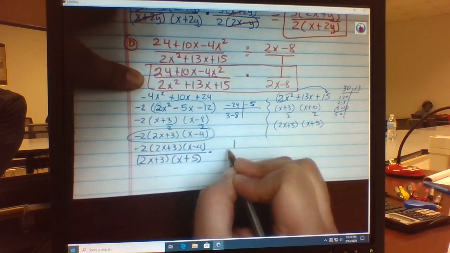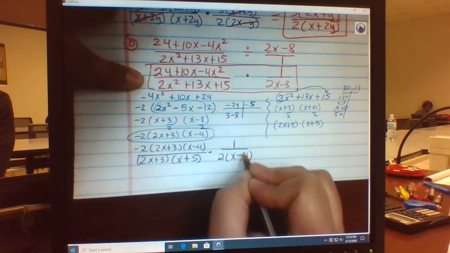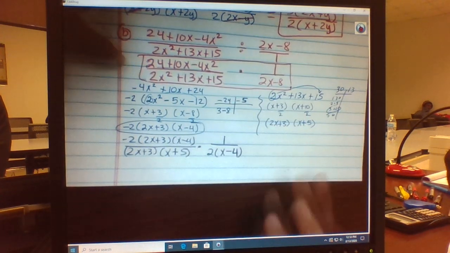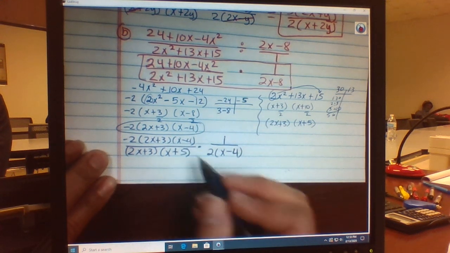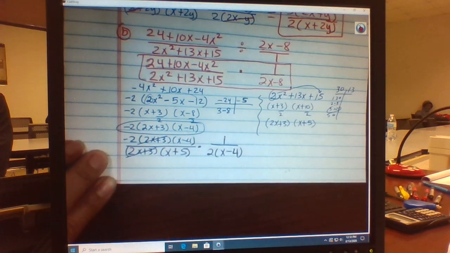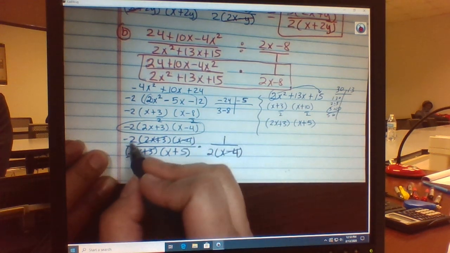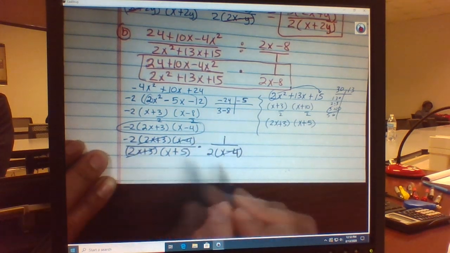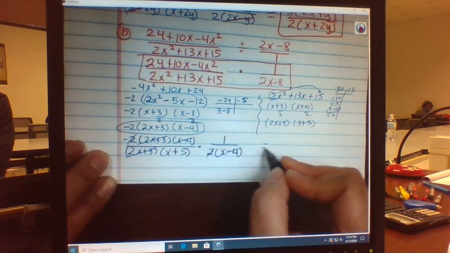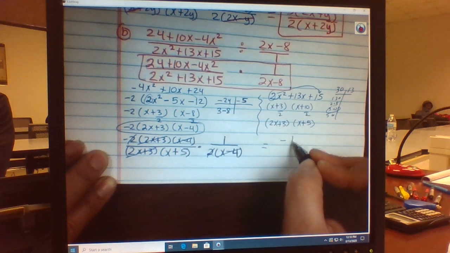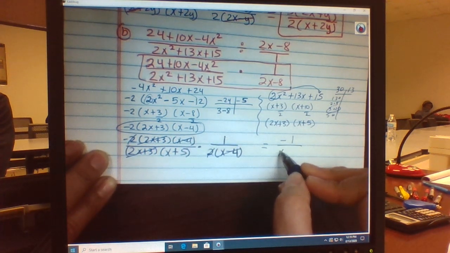Top is a 1, and the bottom you said we could factor out a 2, which gives me this. Very good. And then who do you cancel? 2x plus 3, x minus 4. Can I factor out those 2's, eliminate those? Yes. So on top, what do you have left over? A negative 1. Just don't forget that negative. Over x plus 5.